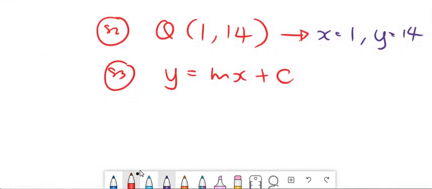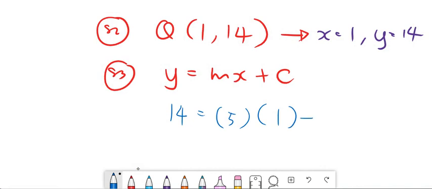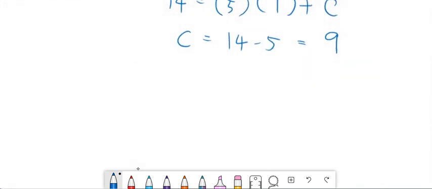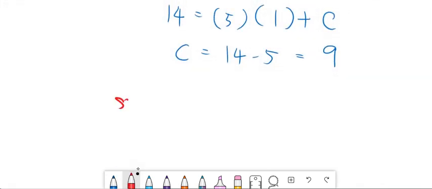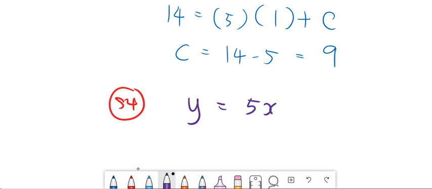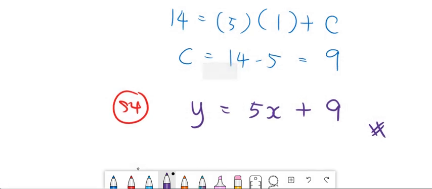Substitute your respective answers. Y is 14, m is 5, x is 1, c. So your c will be 14 minus 5, you have 9. Is it finished? No. Get your conclusion. What's your conclusion? Rewrite your m value, in this case 5, and your c value. So that's the answer for B.